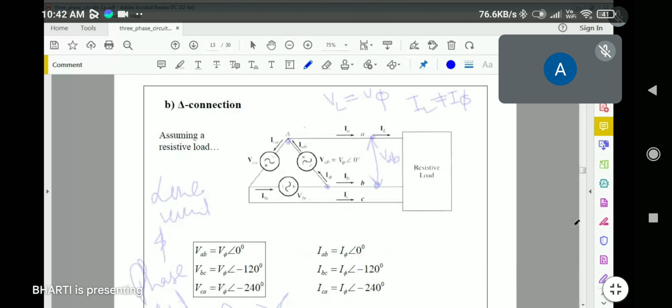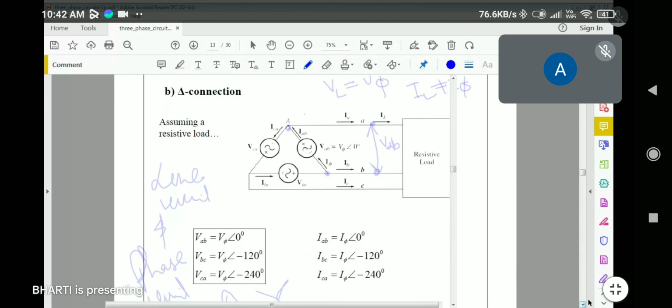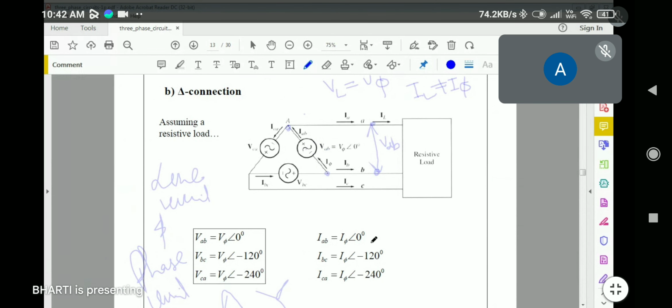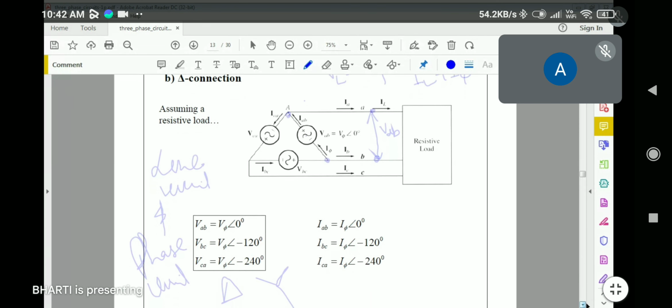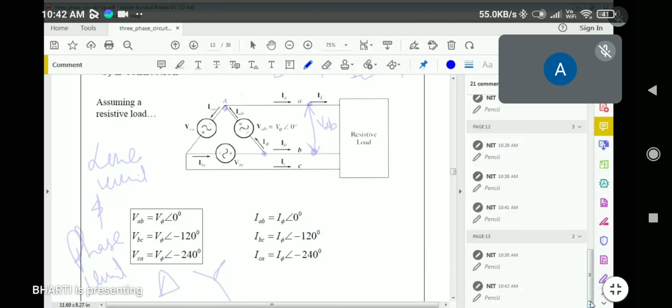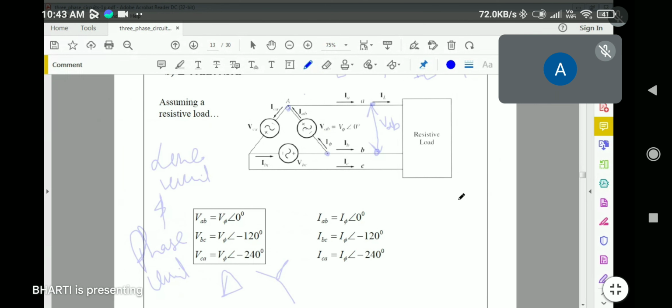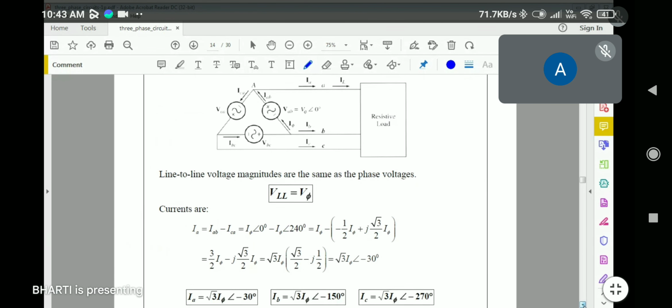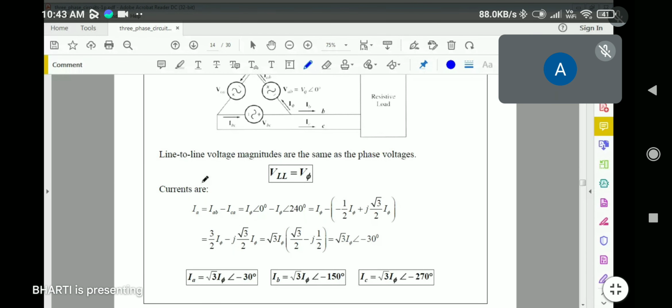Now this is about the delta connection, and in case of delta connection again we can say IAB is equal to I angle phi, IBC is equal to this, and that we already know, and ICA is equal to I angle minus 120. This we all know. Now in case of voltages it is the same, so we need not bother about voltages. The line to line voltage magnitudes are the same as the phase voltage.